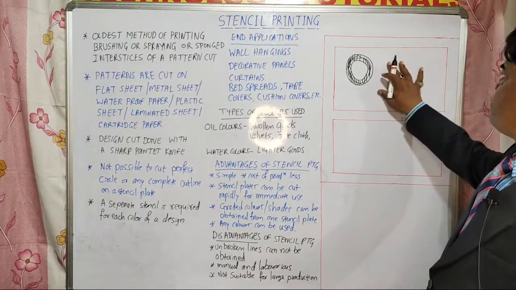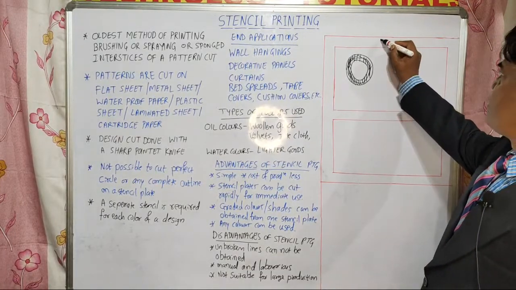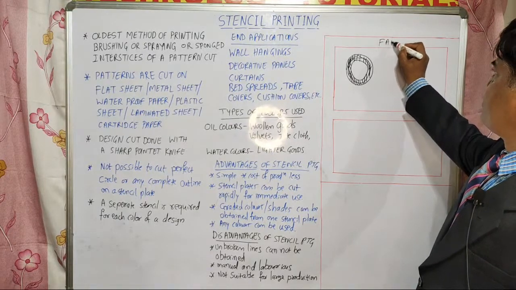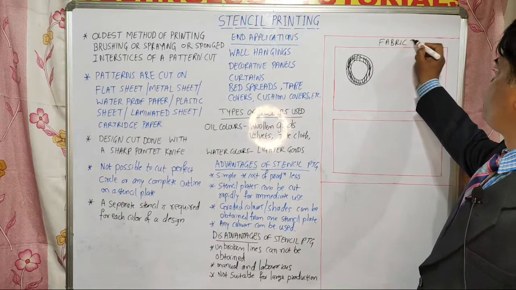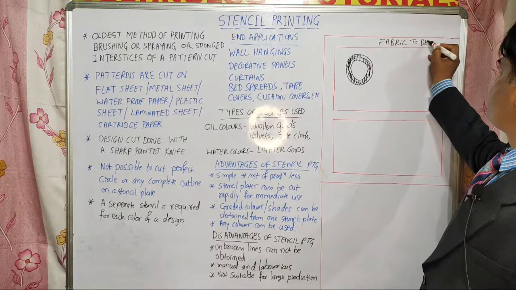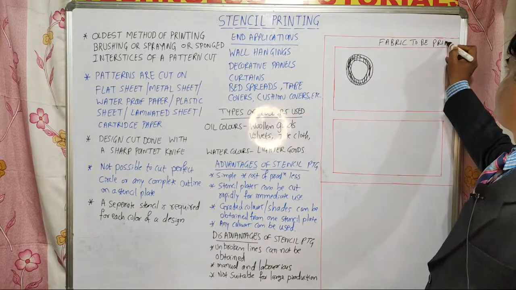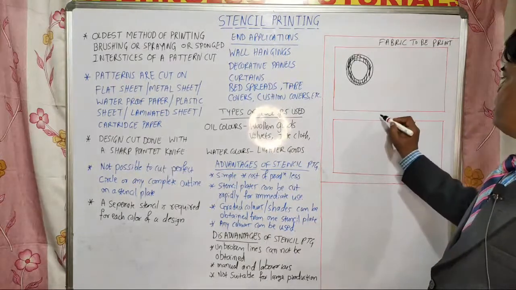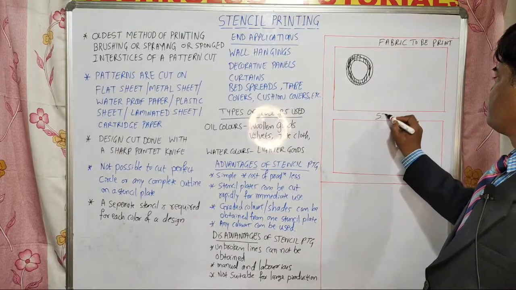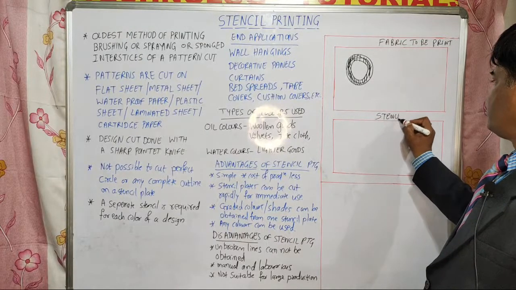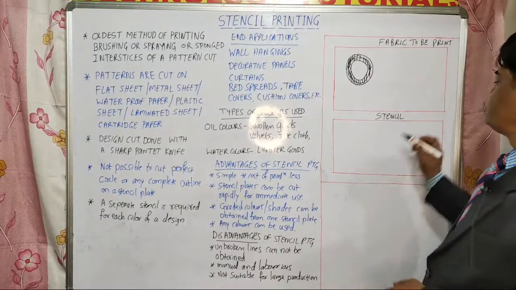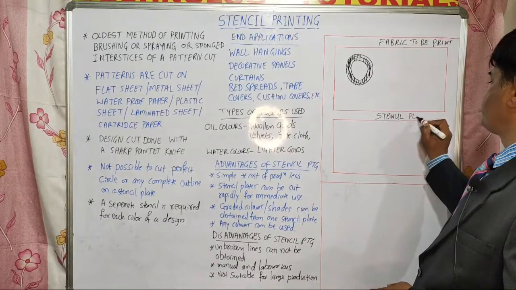Here this is the fabric, I'm writing here: fabric to be printed. This is a stencil paper, a stencil sheet, a stencil plate.